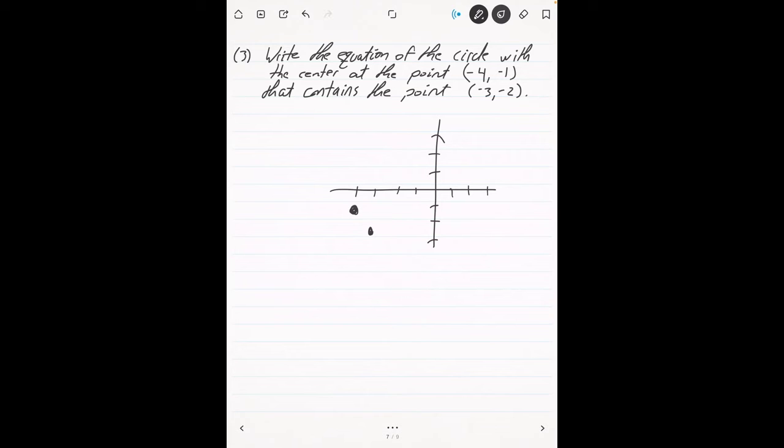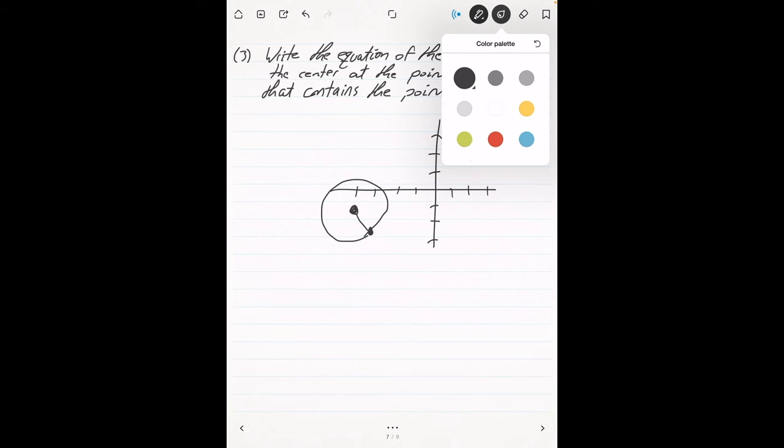So somewhere down here. So how am I going to figure out what the equation of this circle is? It's going to look, not the best drawing, I'm not the best at drawing circles, but it's going to look something like that. But how am I going to find what that circle is? Remember, when I need the equation of the circle, I need to know what the center is.